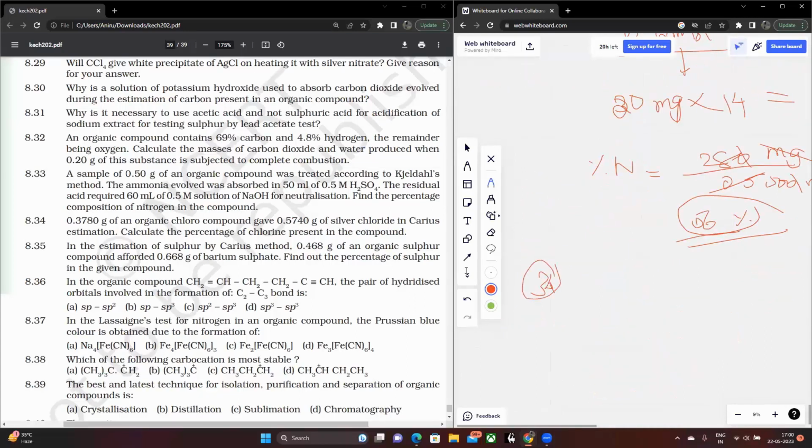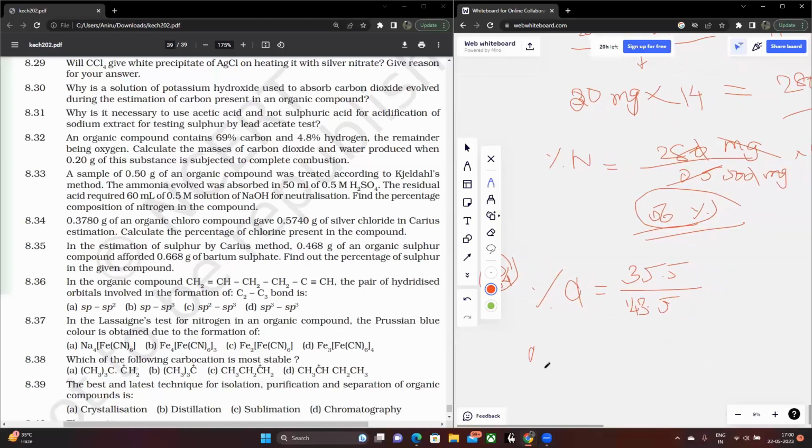34. 0.378 grams of an organic chloro compound gives 0.574 grams of silver chloride in Carius estimation, right? The direct answer to this, as I've discussed earlier, is that percentage chlorine equals the molar mass of chlorine, that is 35.5, divided by the molar mass of AgCl, that is 143.5, right?